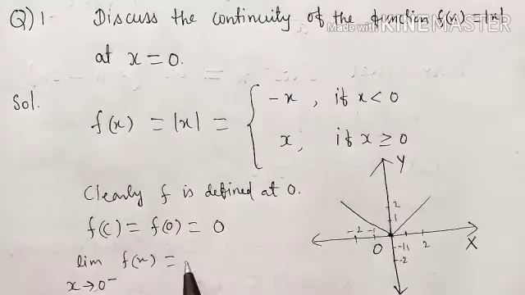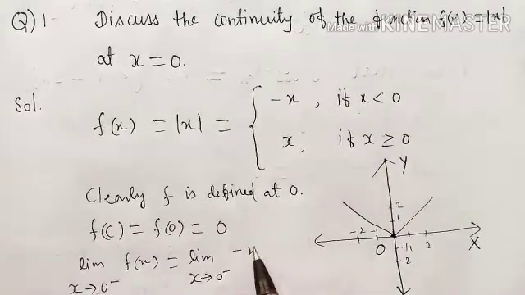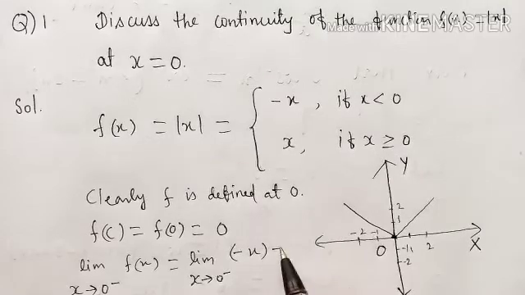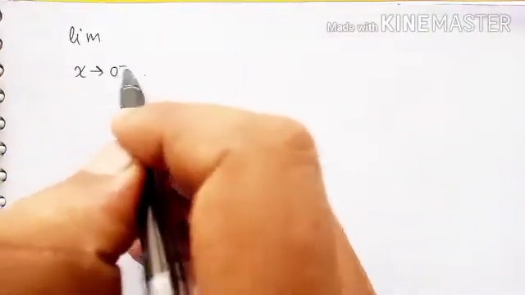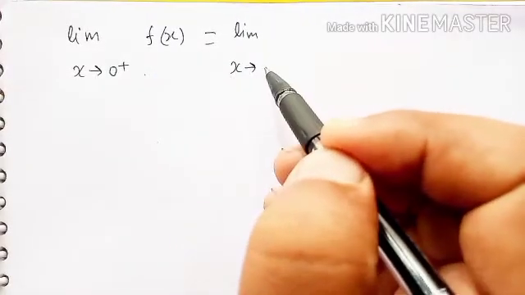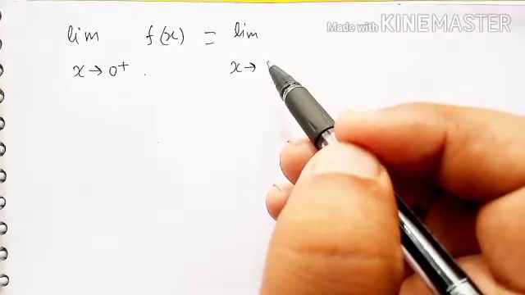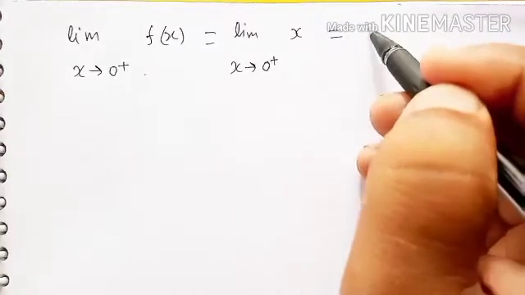So this is minus x, and you know that this one is minus 0 is 0. Now right hand limit. Here x tends to 0 from the right side and nearer to 0. This is x. You know that this is equal to 0.